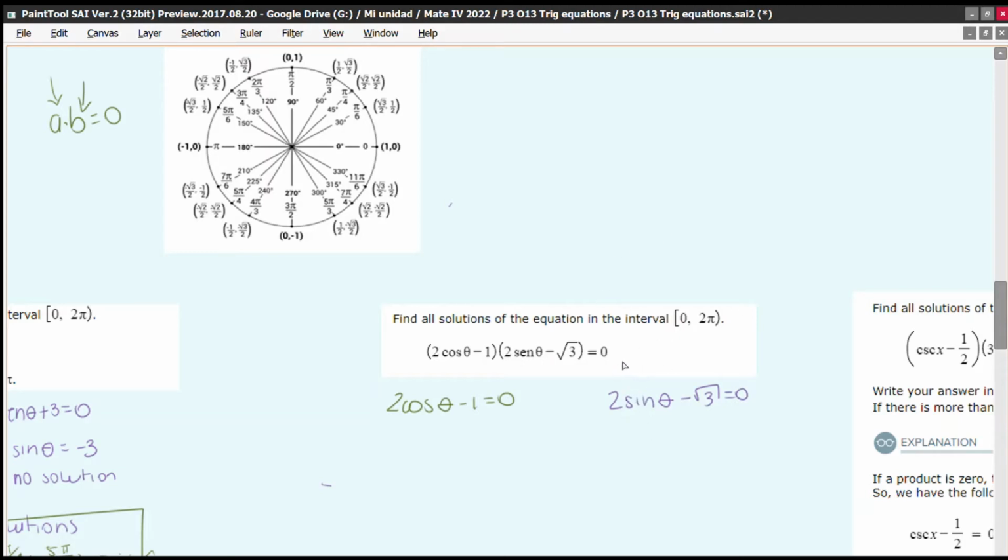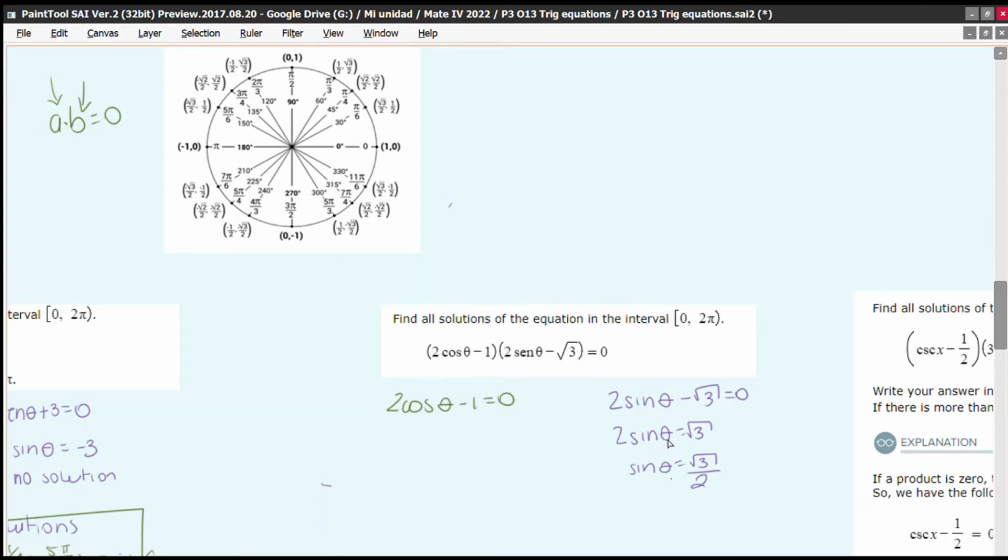So to do this, first I have to leave my sine alone. To leave my sine alone, first off, I have to get rid of the square root of 3 that is subtracting on this side. So it passes adding. And then I have a 2 that is multiplying, so I have to divide my entire equation by 2. There we go. So we have sine of theta equals the square root of 3 over 2.